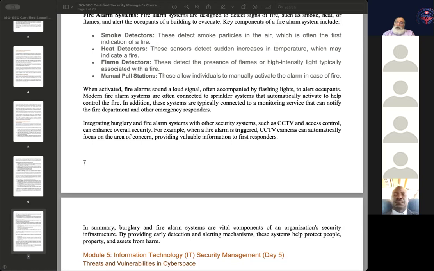This is because we have to deal with human lives more than with properties. It's like the academia who designed all these things said, okay, for a burglary alarm system, you can put even rubbish. You will have a false alarm, or maybe one day they come in, steal everything and you don't find out. But with fire alarm systems, people can die. So the materials should be produced in a specific way.